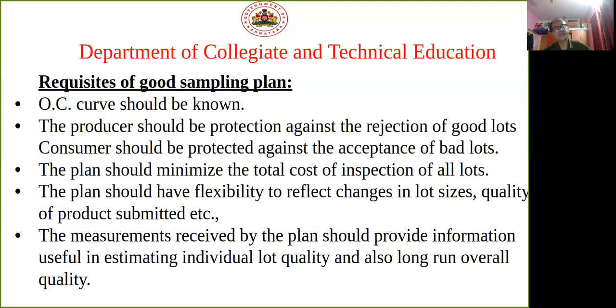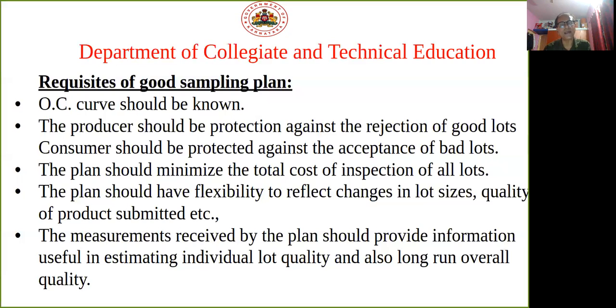The second requisite, or the second characteristic, is that the producer and the customer should be protected from the risk. That is the second requisite of a good sampling plan.